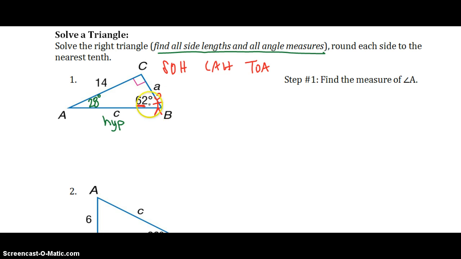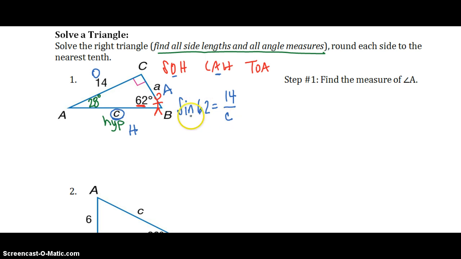So if I'm standing at 62, this is my hypotenuse, my H. Opposite, for the O, here is 14, and adjacent, my A, is going to be the unknown side, A. So I can use the sine of 62 degrees equals opposite, which is 14, over hypotenuse, which is the value of C that I do not know.